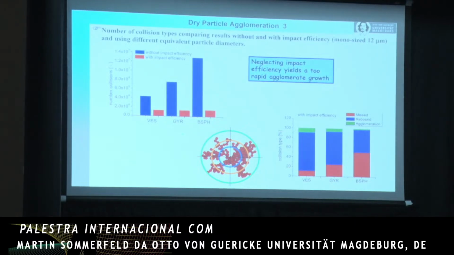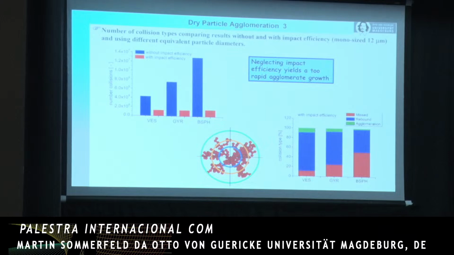Okay, it's larger, and this is the bounding sphere. So of course, with the bounding sphere, you get most collisions. This is without impact efficiency, the blue. But now with impact efficiency, they are almost identical. I forgot to search for the number, but it doesn't matter whether you take VES, gyration, or bounding sphere.